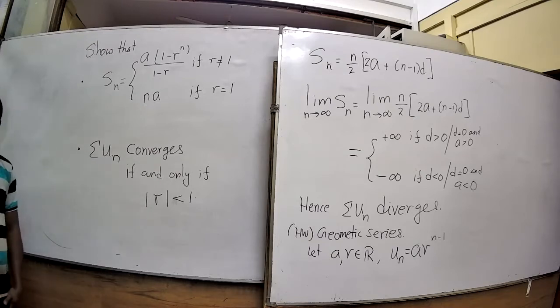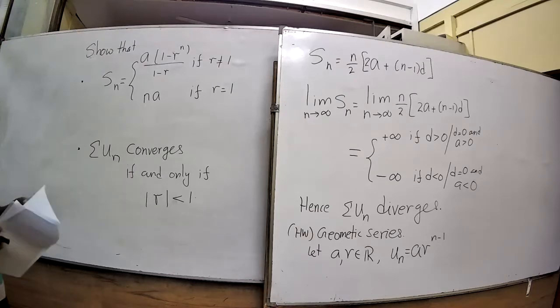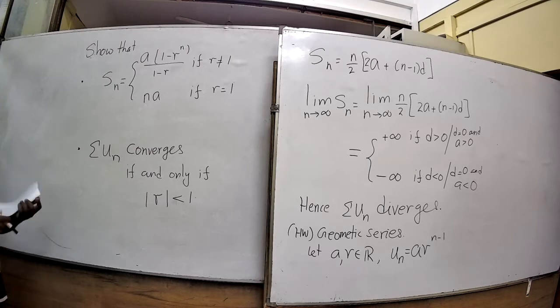In other words, the absolute value of r being strictly less than 1 is the necessary and sufficient condition for convergence. So this is about the convergence of geometric series. I leave it as an exercise. You try your own and see whether you are able to do that or not.